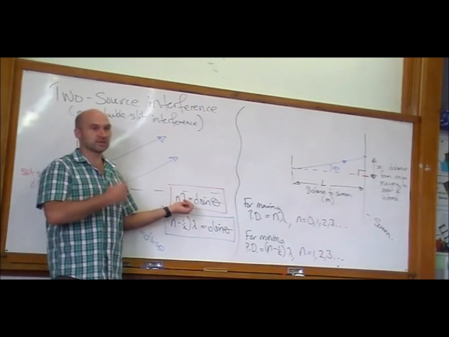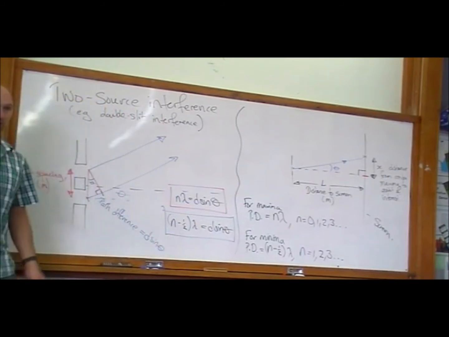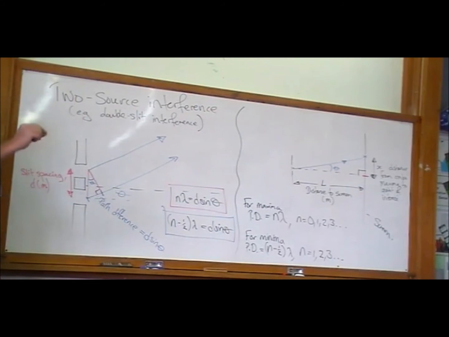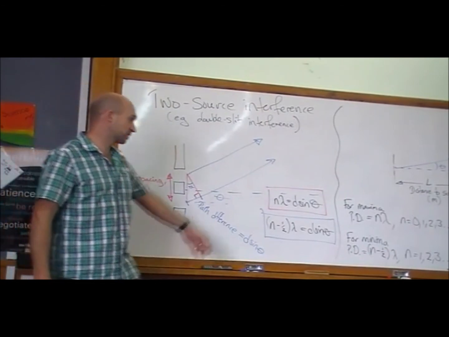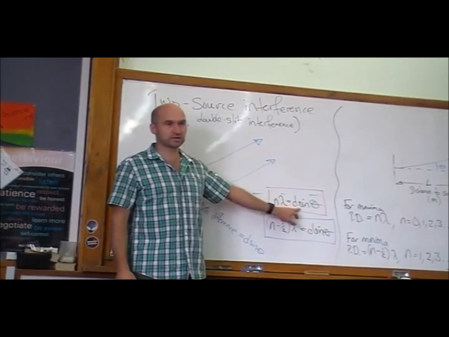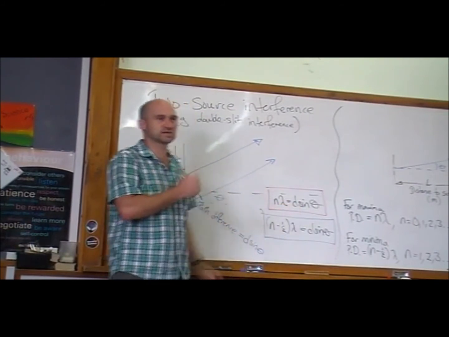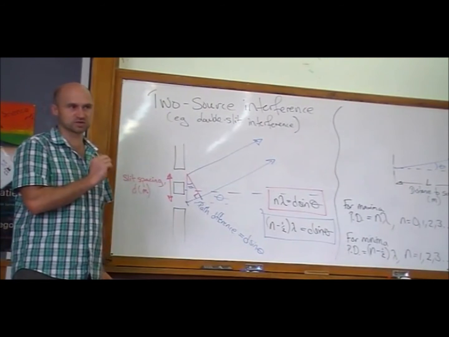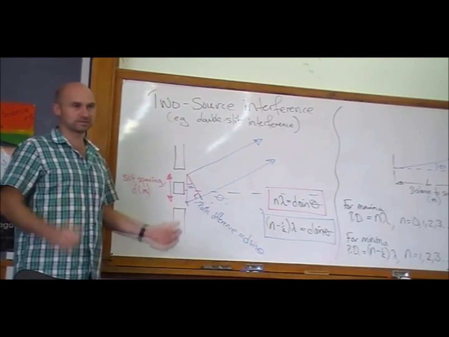So by firing light through a pair of slits that spread the light out into bright spots and dark spots, we can measure the wavelength of light, which is quite useful. And then once we know the wavelength of light, we can fire it through some slits and use this to measure the size of the slit. So we can make measurements of really tiny things that we shouldn't normally be able to measure just using a ruler.